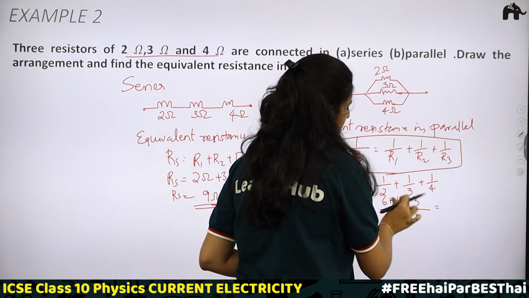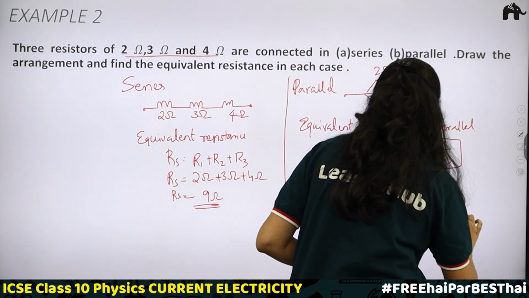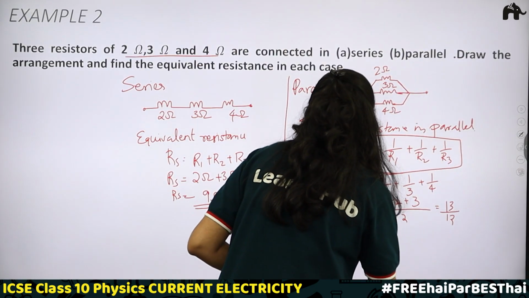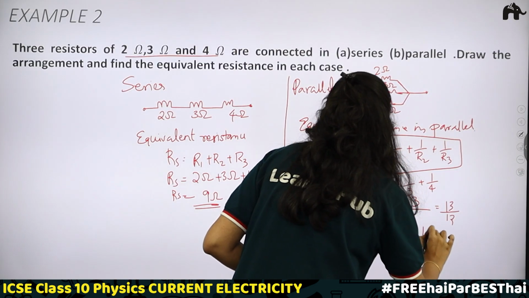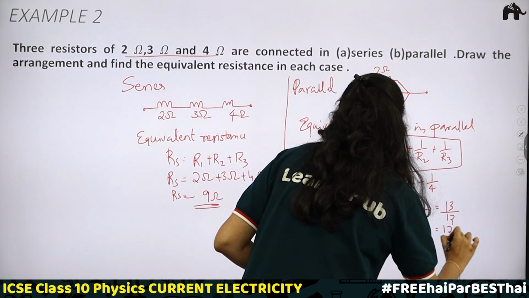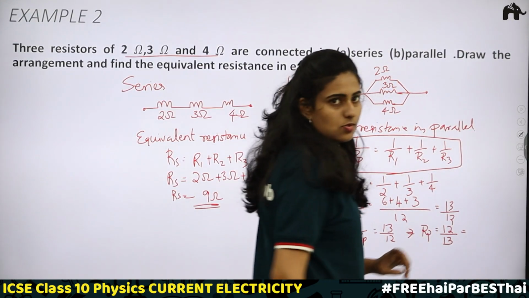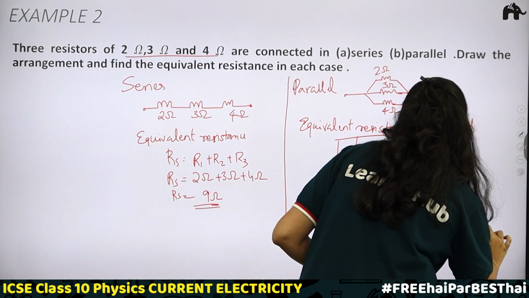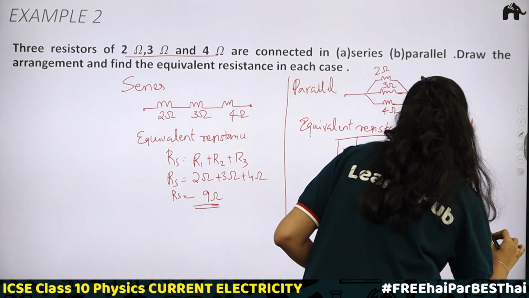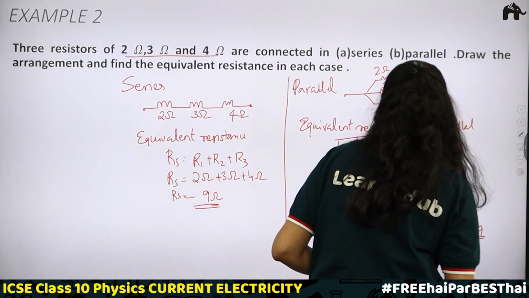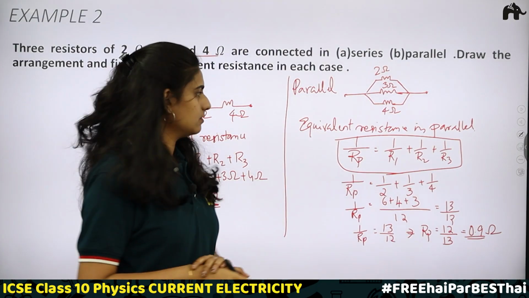So here 6 plus 4 is 10, 10 plus 3 is 13. 13 divided by 12. 1 by Rp is 13 by 12, which means Rp will be equal to 12 divided by 13. Okay, what is 12 by 13? You will be getting 0.9 something. Okay, so Rp will be 0.9 something ohms.